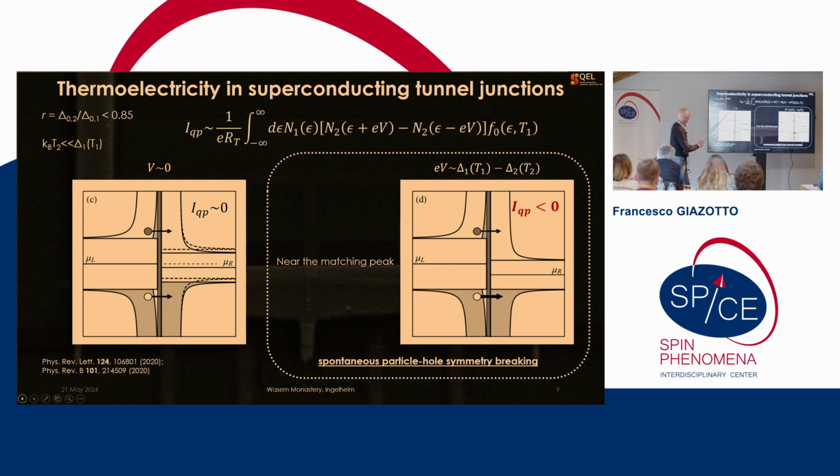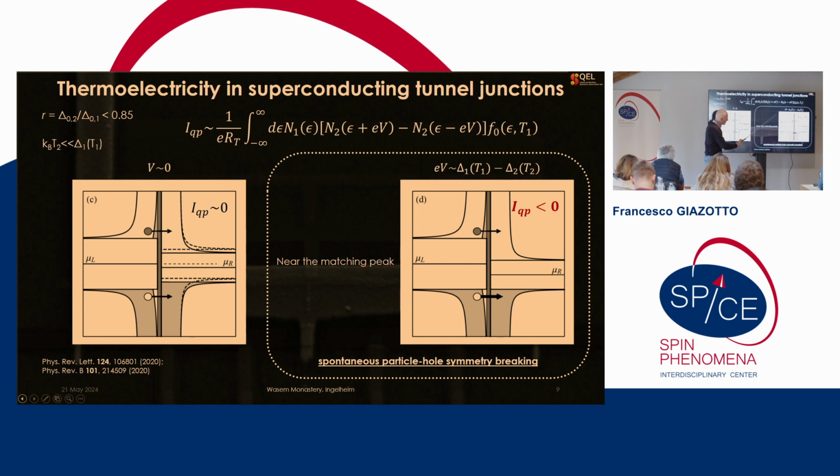And so you see that when the voltage is equal to 0, the two chemical potentials are aligned, and there is identical contribution of electron-like and hole-like systems, because they see the same portion of the tail of the density of states.